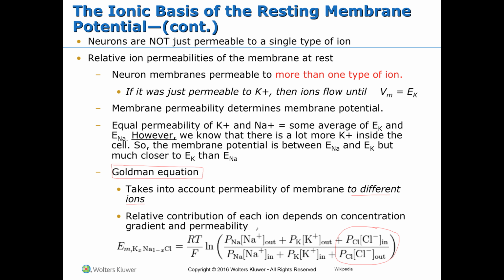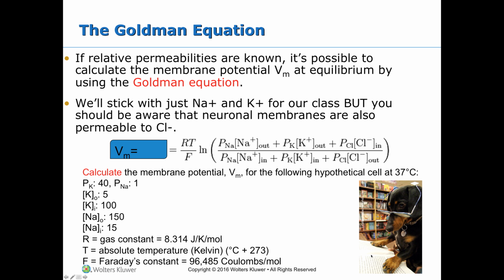So if I were to give you all 3 of these ions and ask you to calculate a membrane potential, you would need to make sure that chloride in is on the top in the numerator versus the denominator. Okay. So, if relative permeabilities are known, it is possible to calculate the membrane potential at equilibrium using this equation.